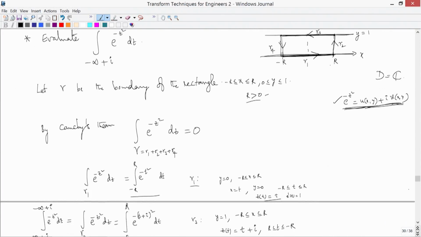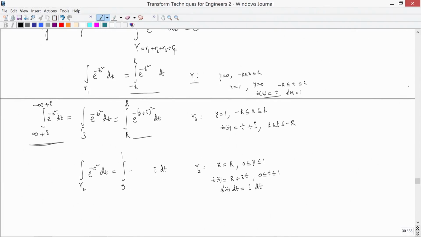Okay. So, e power minus, what is your z of t? So, that is simply r plus I t whole square. So, what is this one? This is actually the integral from 0 to 1, e power minus r square anyway comes out, and then what you get is e power t square, and then you have minus 2 I r t, I comes out, this is dt.